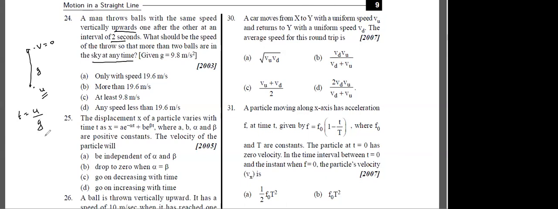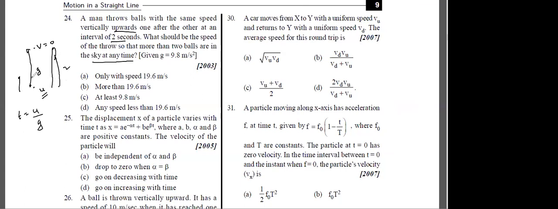So if you throw the first ball, it will go up and come down. So total interval is 2.